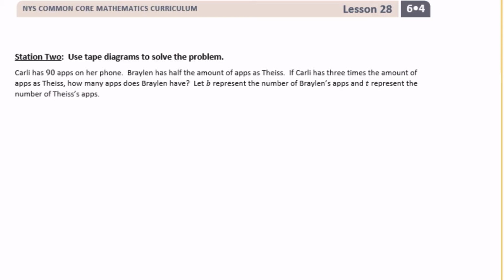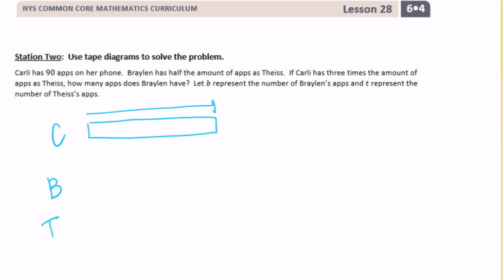Okay, so we have Carly, Braylon, and Thies. Okay, so Carly has 90 apps on her phone. So that's easy. So whatever Carly's is, 90. Braylon has half the amount of apps as Thies.